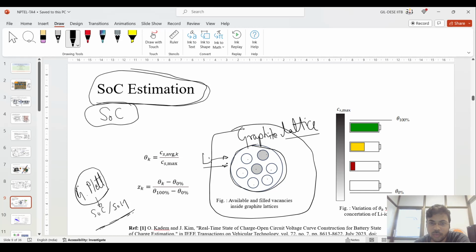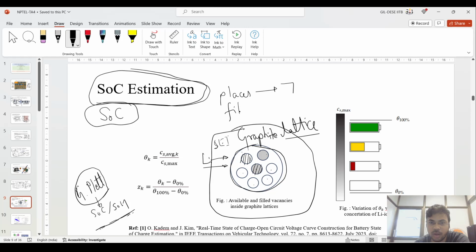If the lithium ions come inside of this graphite lattice, they should settle down inside all these 7 spaces. But due to this SEI layer, the solid electrolyte interface that we discussed in the last class, it is not able to percolate inside this graphite lattice. So there are some sections where the graphite gets intercalated, but not all the places.